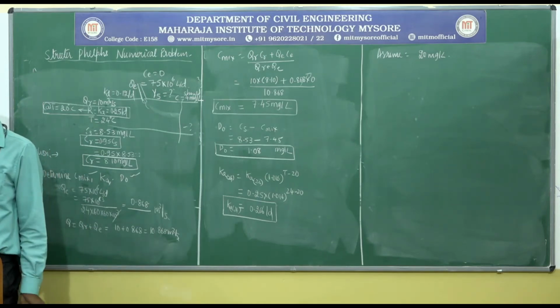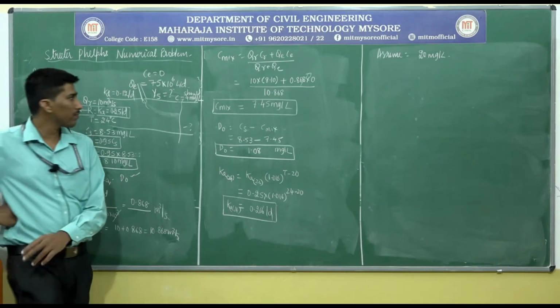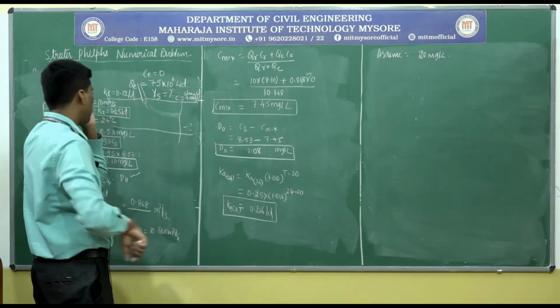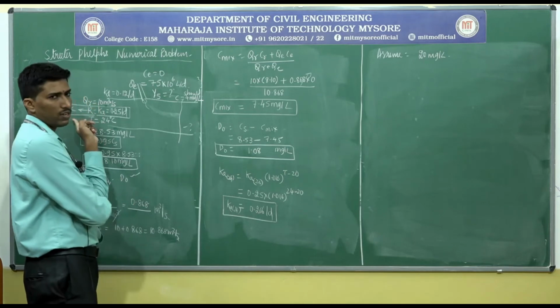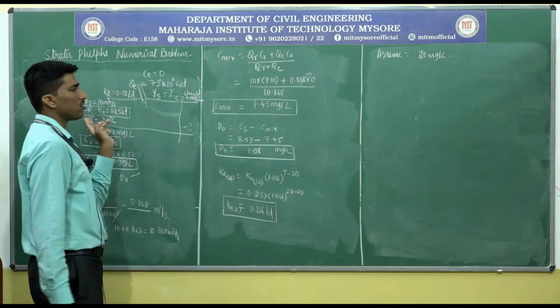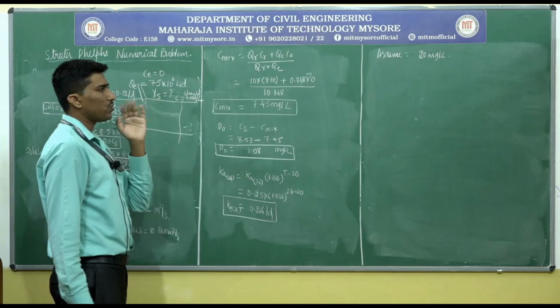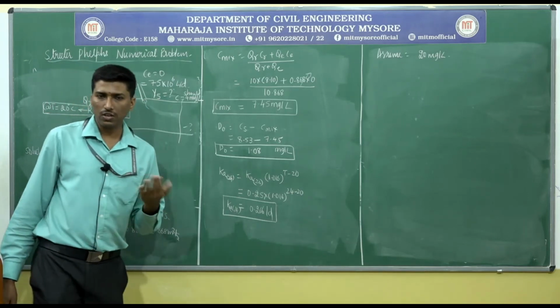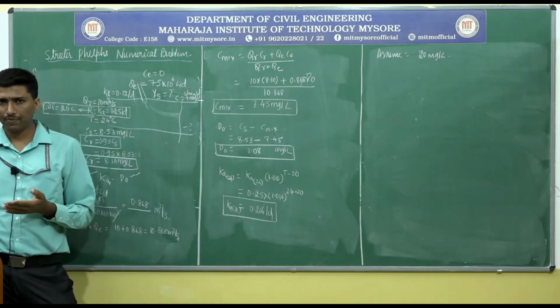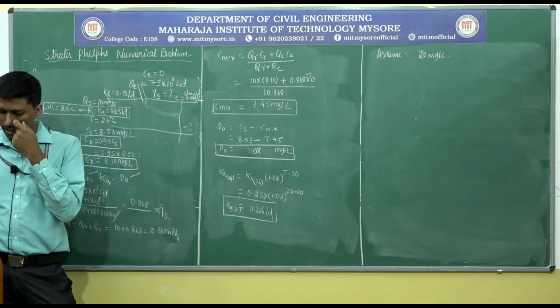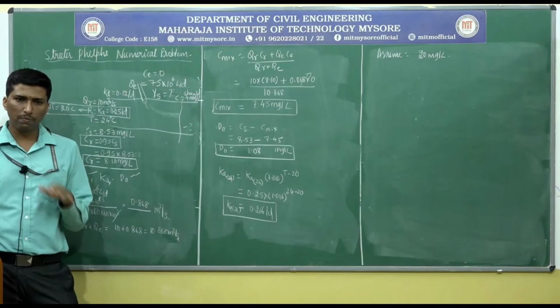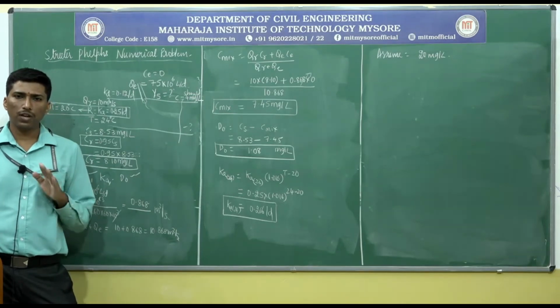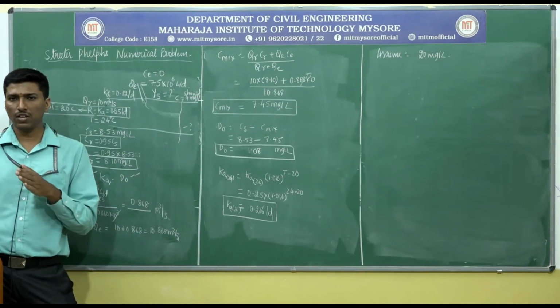L naught, that is ultimate BOD remaining here. I don't know how to determine the BOD concentration here, they have not given it. In both cases the BOD has not been given. Let us assume for a while the maximum allowable concentration ranges from 20 to 30. So at just below the outfall it has to be maximum, BOD has to be like 20 or 30, that is a range.